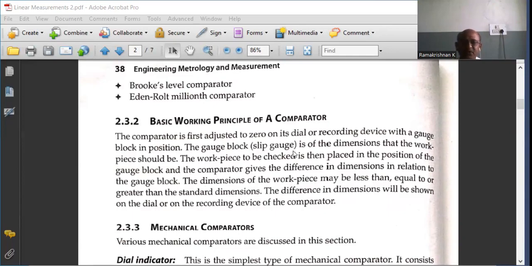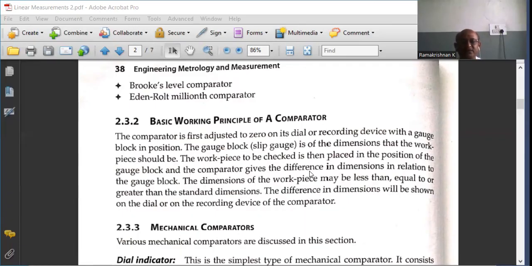Now, in place of the block gauge, the workpiece is inserted. Then the pointer is checked to see whether it shows 0 or any deviation. The deviation refers to the deviation from the standard dimension; the workpiece dimension may be equal to, less than, or higher than the standard. This principle applies to all types of comparator.